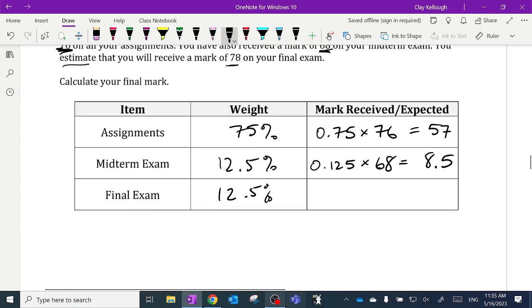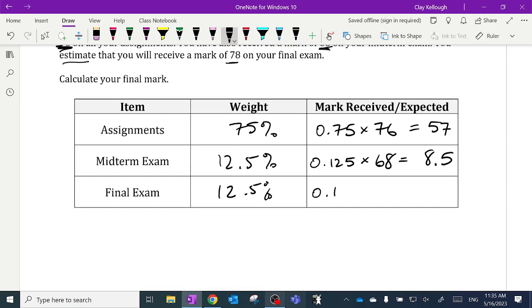And for my final exam, I'm going to put this in blue because I don't really have this number yet. I just think this is what I'm going to get. I think I'm going to get a 78. So I'm expecting to get 9.75.